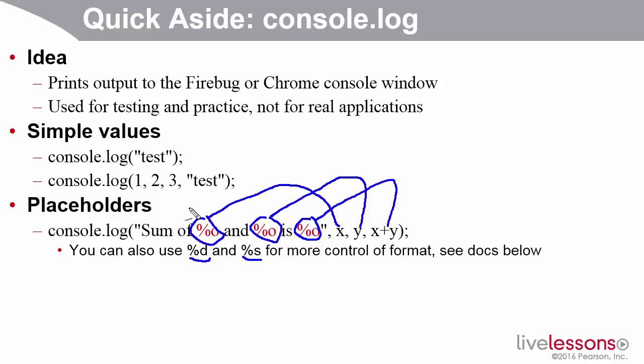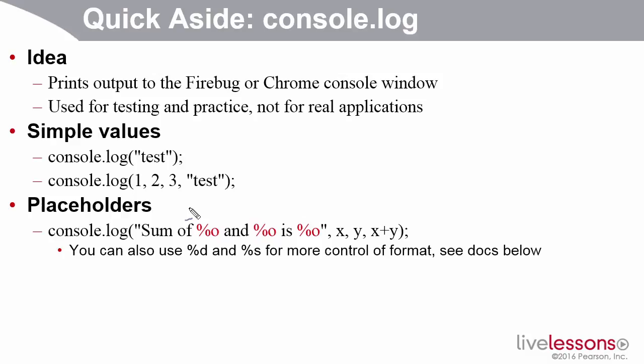If you've ever used another language like C#, C++, Python, or Java, this is very similar to the printf command that's available in those languages. So again, to recap, you have a placeholder %o. The first use of %o, the first value after the string, gets inserted in. The next use of %o, the second value after the string gets inserted in.